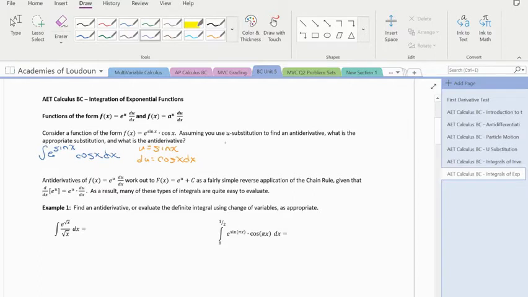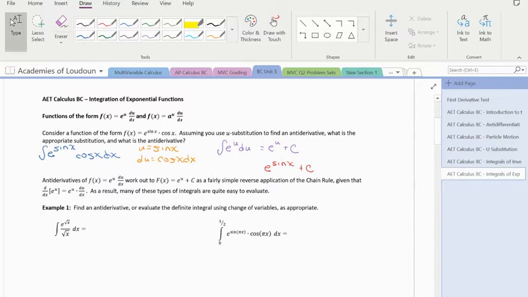We can rewrite this integral as e to the u du. We know that the antiderivative of e to the u is going to be e to the u plus c. Substituting everything back in, we have e to the sine x plus c.